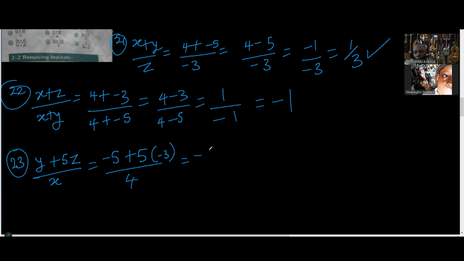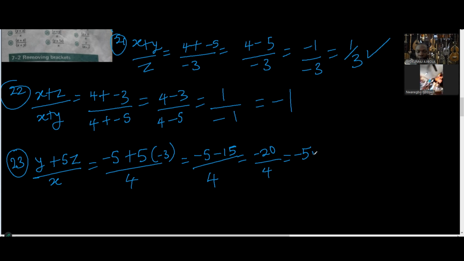Then we got negative 5. 5 times 3 is 15, so this is minus 15 over 4. Minus 5 minus 15 is minus 20 over 4, which is minus 5. That's the final answer.